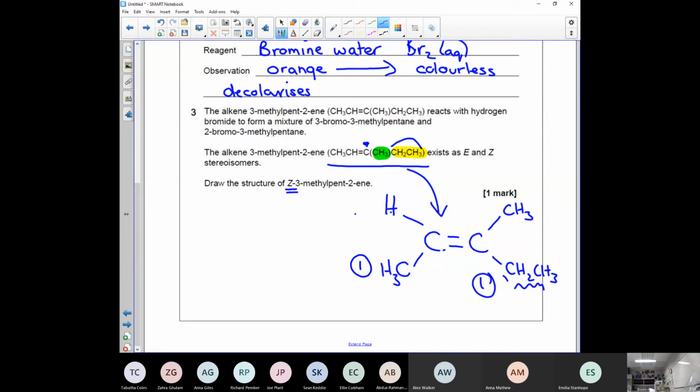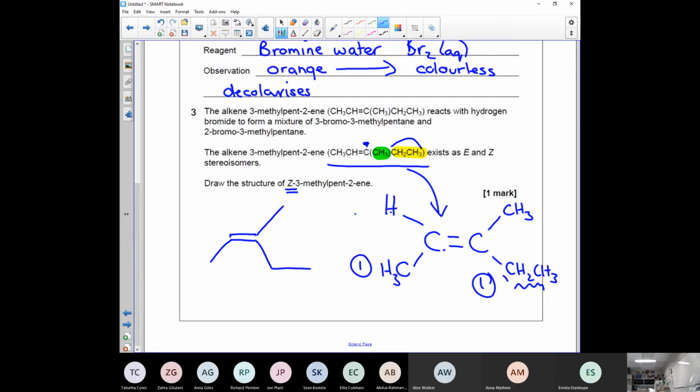Right, skeletal. So we've got a carbon-carbon double bond, like that. In the case of what I've drawn down there, I've got a CH3 going down and a CH3 going up, and then going down in the opposite direction. Oh, no, I didn't mean to do it like that. Ignore me. Okay, so I've got one going down, one going up, and then down here I've got an ethyl group.